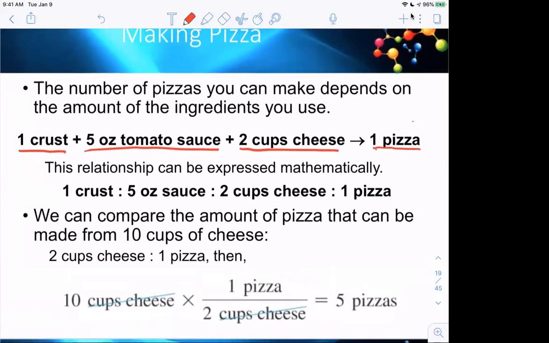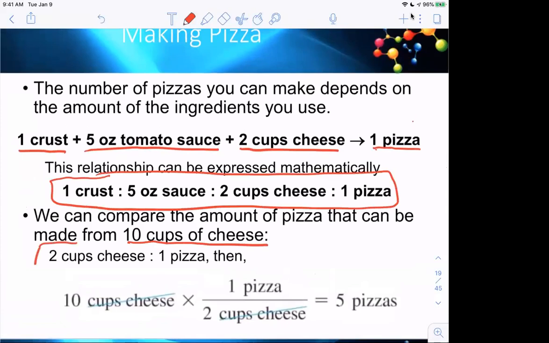So these ratios basically are equivalence statements that I can set up conversion factors with. So what if the problem was, how many pizzas can I make if I have 10 cups of cheese using this recipe? Well, here's my equivalence statement.